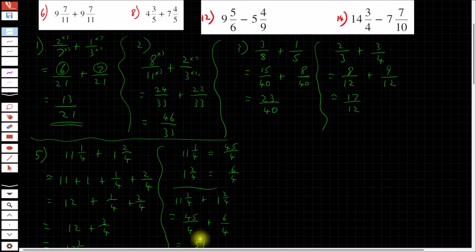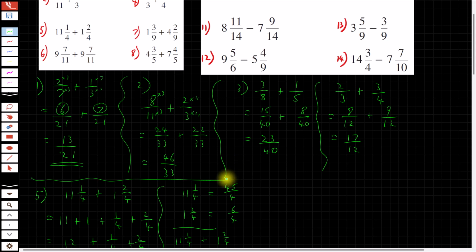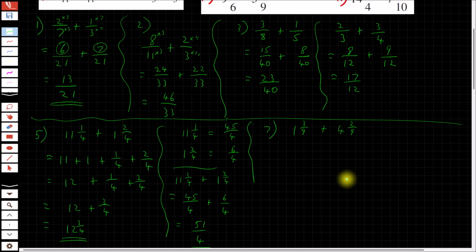Okay, let's do the next one. Number 7. We have 1 3/9 plus 4 2/9. Let's write this out. So that's equal to 1 plus 4 plus 3 over 9 plus 2 over 9, which is equal to 5 plus these two fractions.